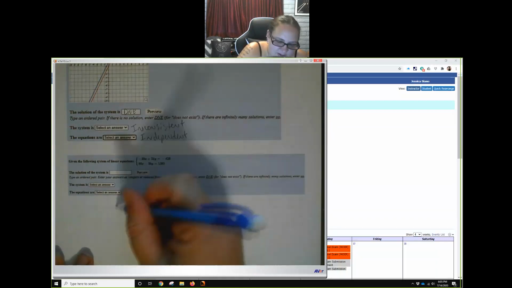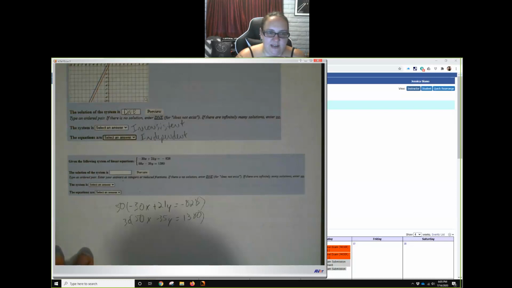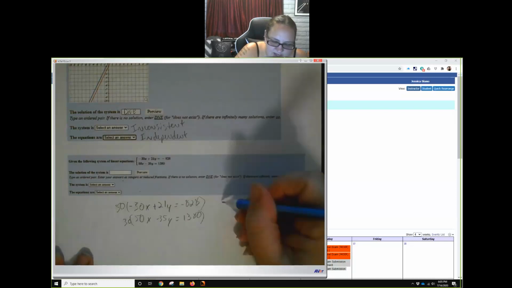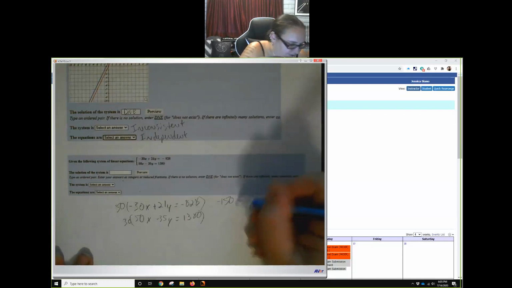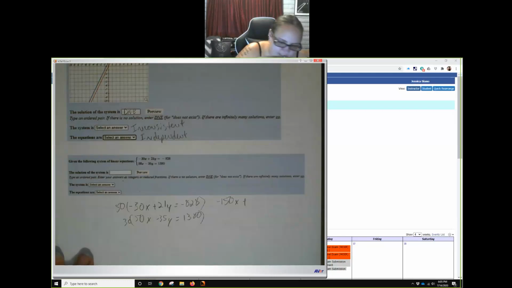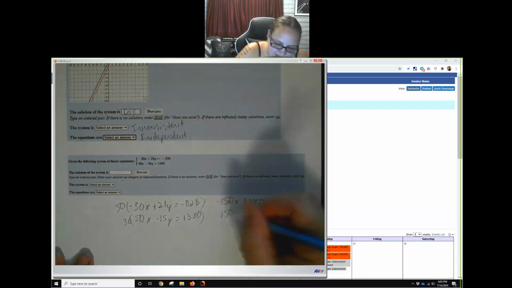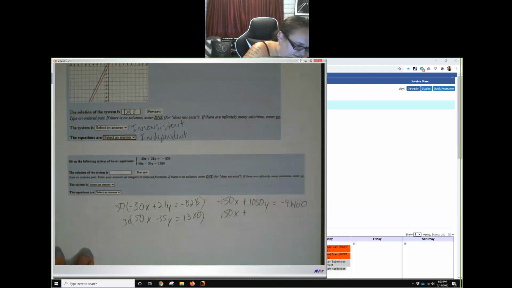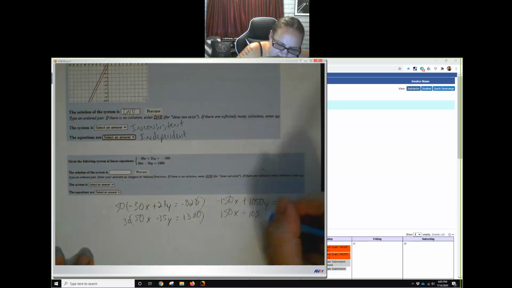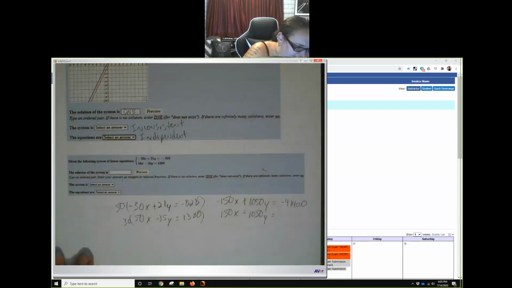I'm going to multiply the top equation by 50 and the bottom equation by 30. So that would become -150x plus 1050y equals -41400. And then positive 150x plus 35 times 30 minus 1050y equals 1380 times 30.